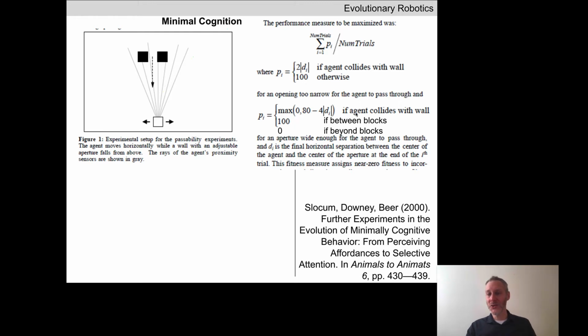If it's somewhere in between, if the agent doesn't run away and it doesn't try and get in the center but gets hit by one of the two walls or one of the two objects that are falling, it gets this many points. We have the D sub I now in a subtractive term. So remember, D sub I is the horizontal distance between the agent and the object pair when it hits the ground.